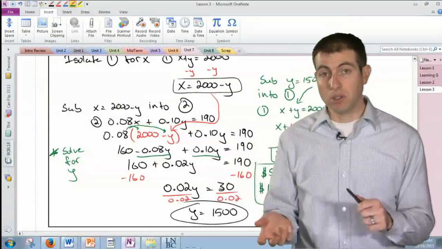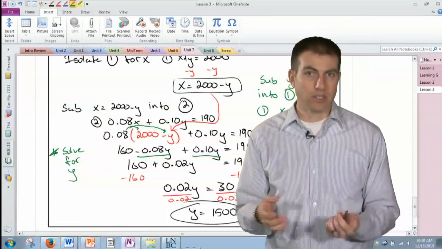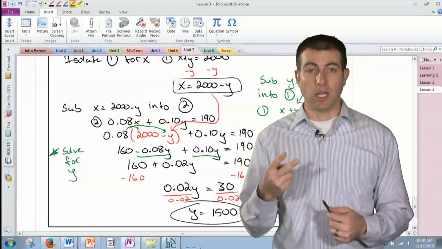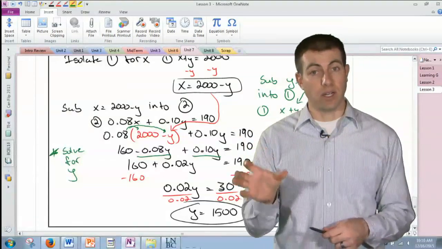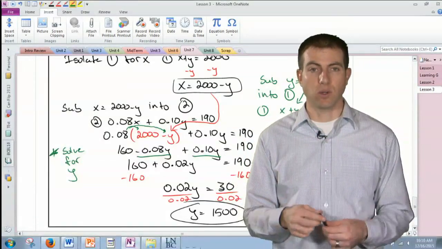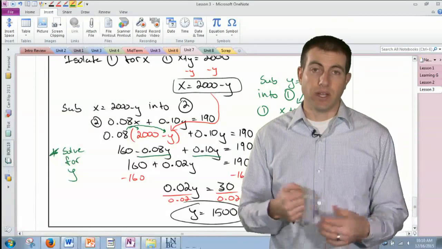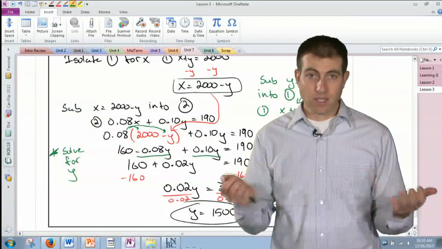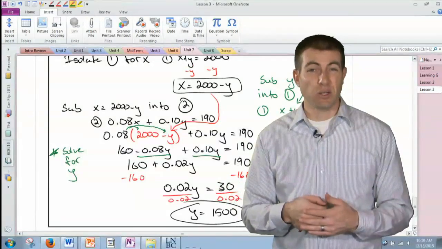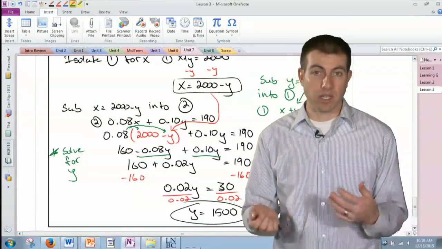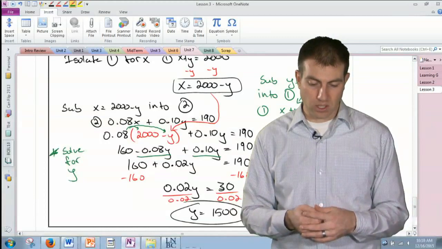Now, the beauty of this is, on a test, you're likely going to be given 2 lines, and it's going to say, solve the equation. So you're going to find a coordinate to solve the equation. There are 3 methods you can use, and you can choose whichever one you want. Generally speaking, one's going to be easier than the others, and you can just go with that.